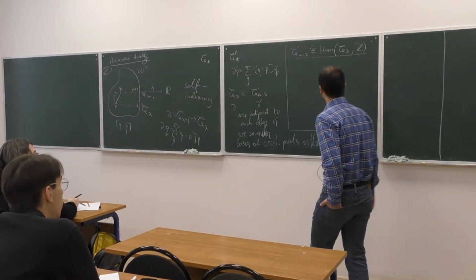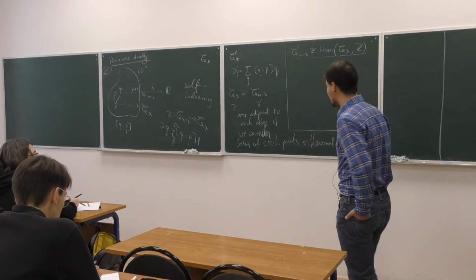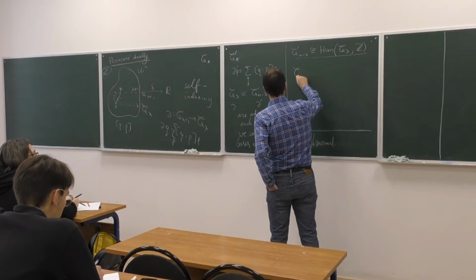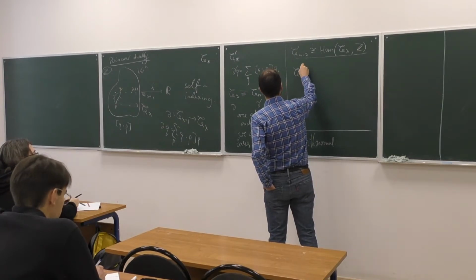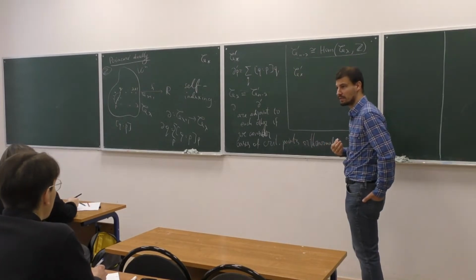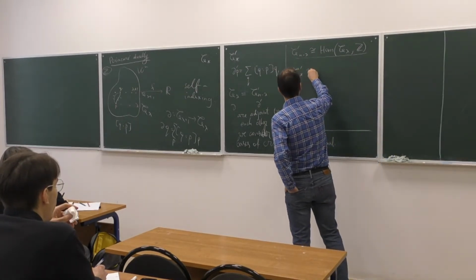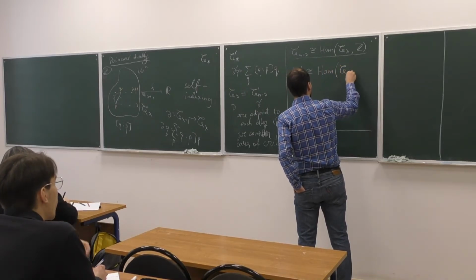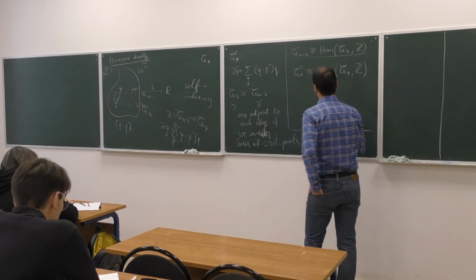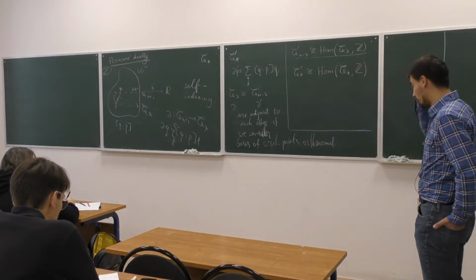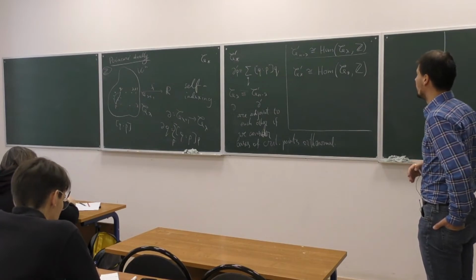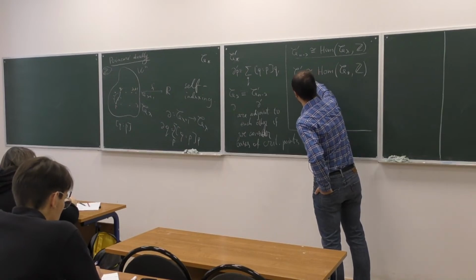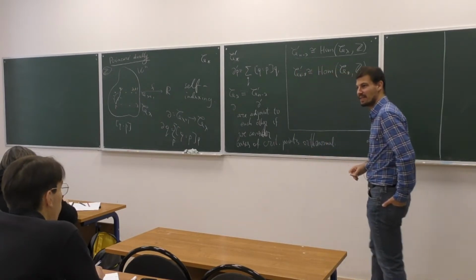They are adjoint, and what we see immediately is that this is not only an isomorphism of groups, but an isomorphism of chain complexes. The chain complex C prime is isomorphic to Hom from C star, but here it is better to write it in this way.